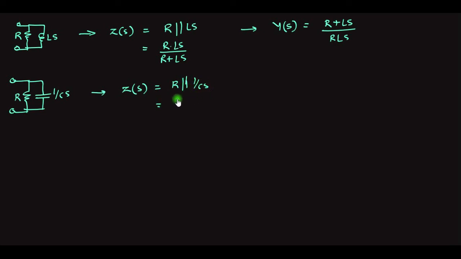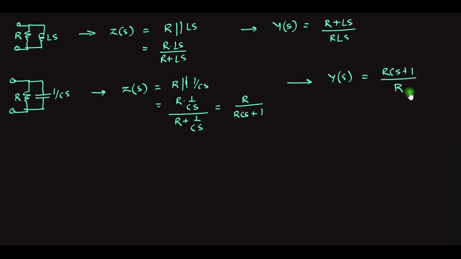On solving, I will get R into 1 by Cs whole divided by R plus 1 by Cs. Further solving, I will get R divided by RCs plus 1. Similarly, its driving point admittance would be equal to (RCs plus 1) divided by R.